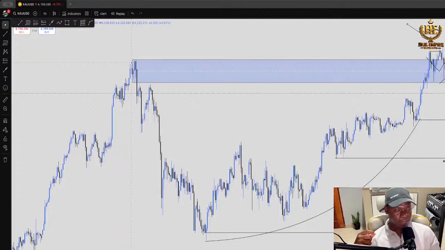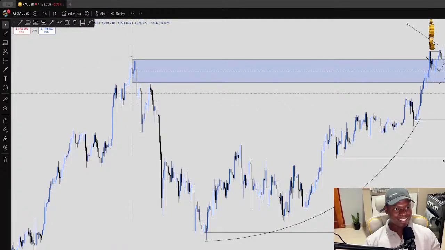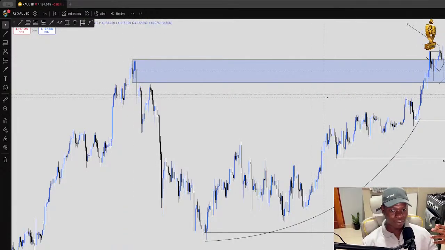But the fact that gold came down from it after breaking it on the upside, it came inside of it, and now we are trading below it. It's a sign that price just came to collect liquidity above that area. Now it's heading to our levels.